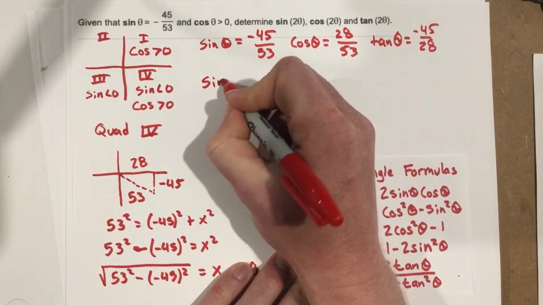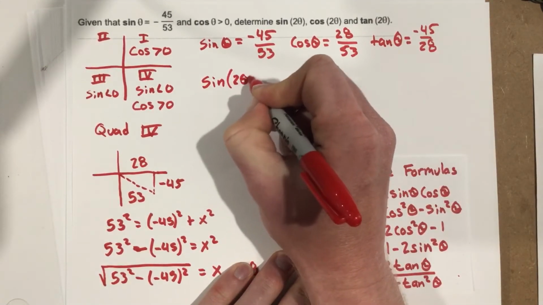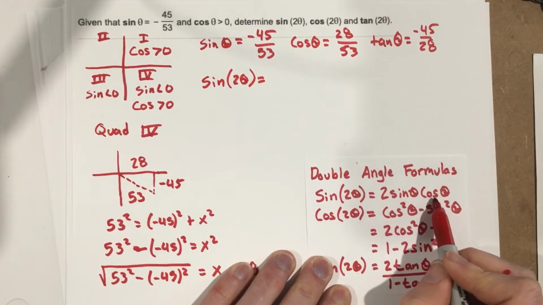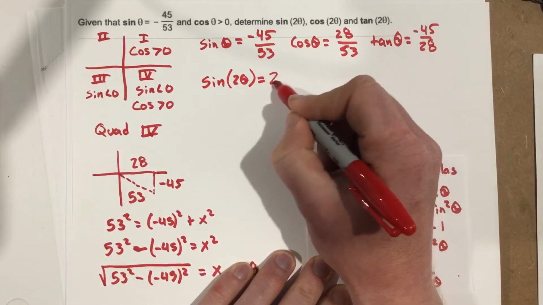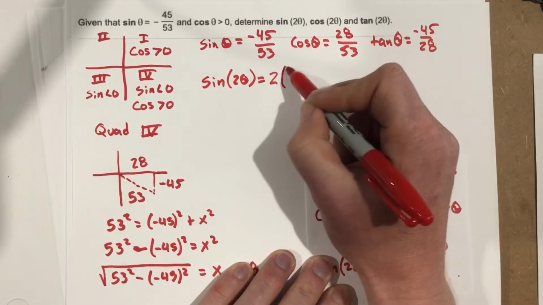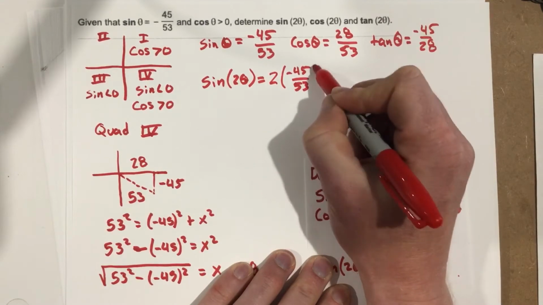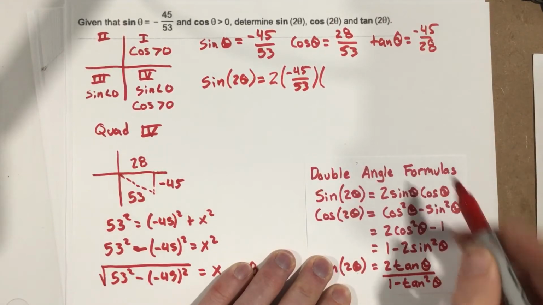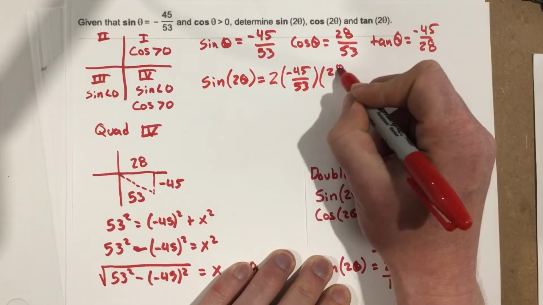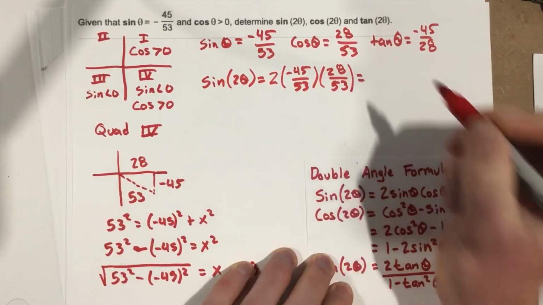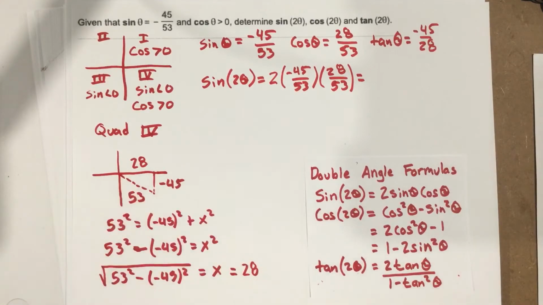It says sine of 2 theta equals 2 sine theta cosine theta. So 2 times sine theta's fraction, which is negative 45 over 53, times cosine theta's fraction, which is 28 over 53. Multiply all those in the calculator.